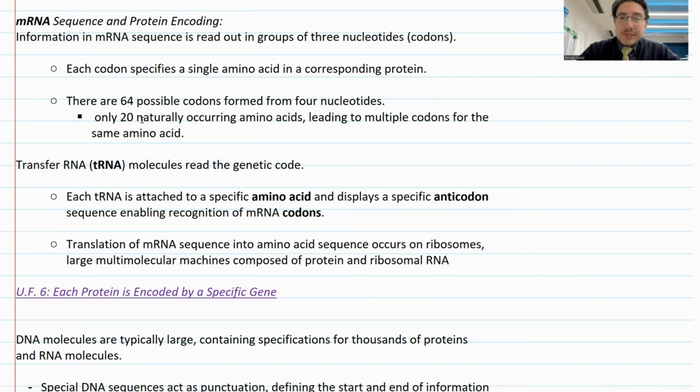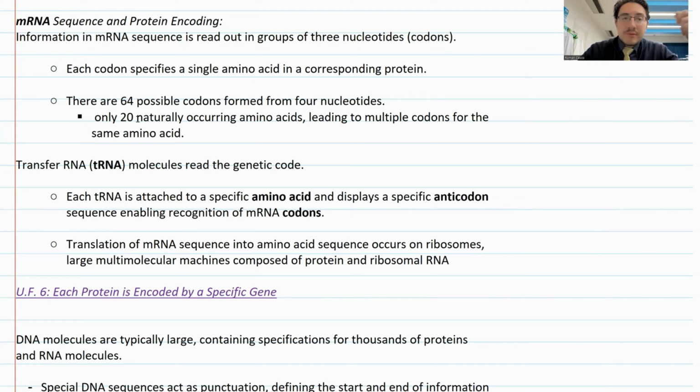Before I get into tRNAs, there's a couple of combinations that could be done based on the different nucleotides that we have available: U, A, G, and C. For every set of 3 nucleotides, for every codon, you can make 64 possible codons from the 4 nucleotides.